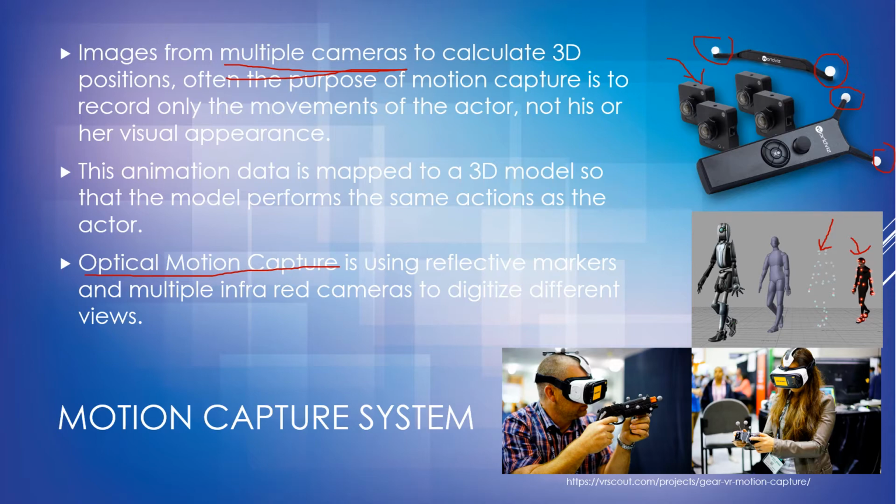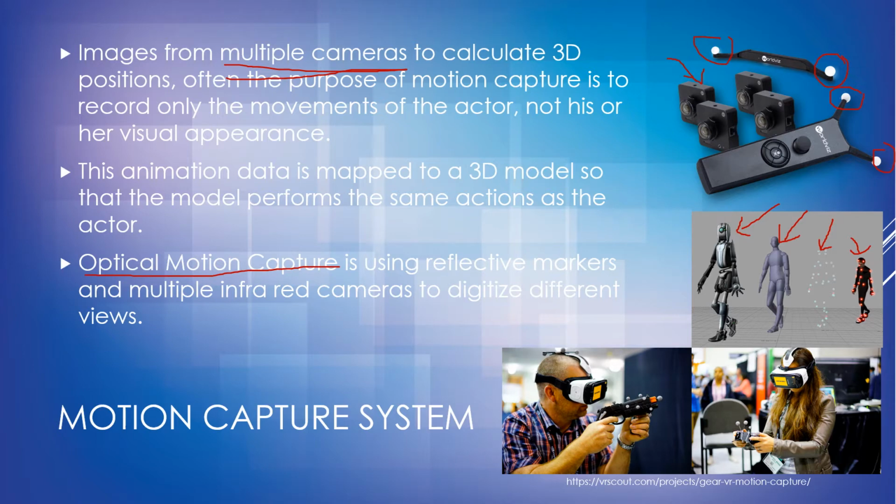Sometimes you need extra pose estimation about the positions of the marker, and then these marker positions will be remapped to the 3D model. This is called the skeleton. Finally, this skeleton data will be mapped to the virtual model, so that all the actions you make in the physical environment will be reflected inside the virtual model.